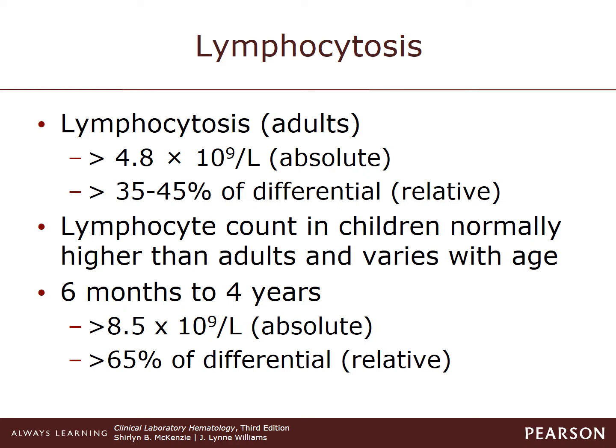Lymphocyte counts, we know, are usually higher in children. Therefore, lymphocytosis from the ages of 6 months to 4 years is greater than 8.5 times 10 to the 9 per liter and greater than 65% as a relative value.